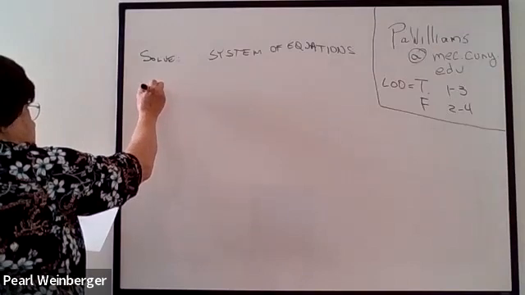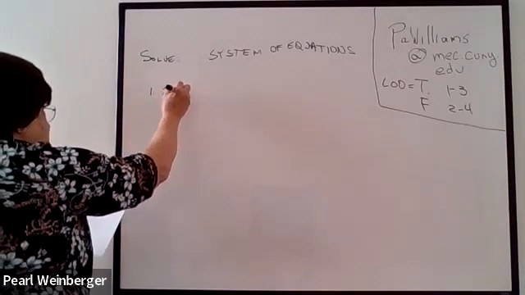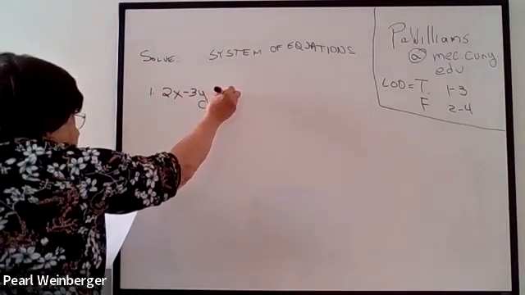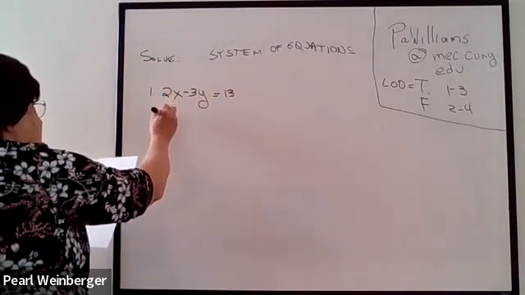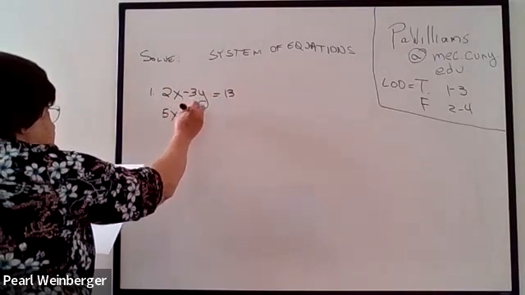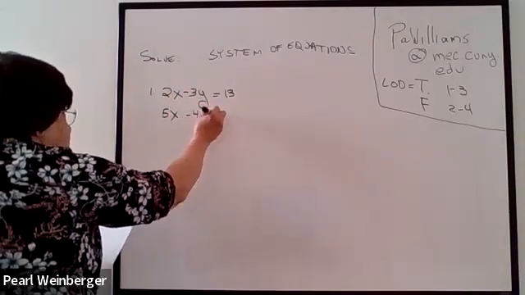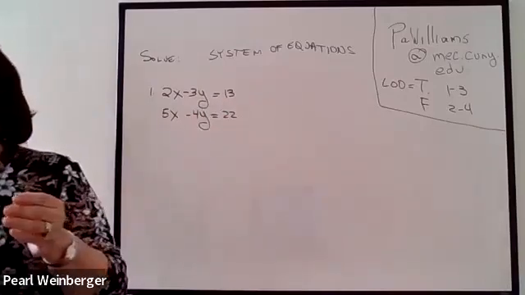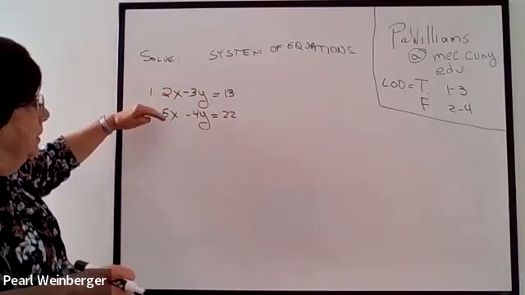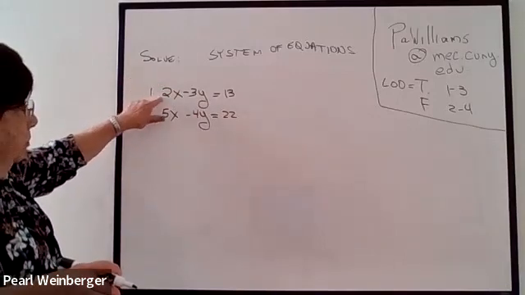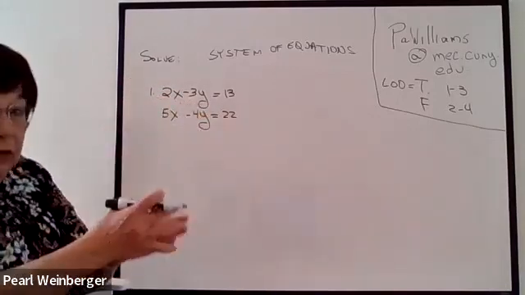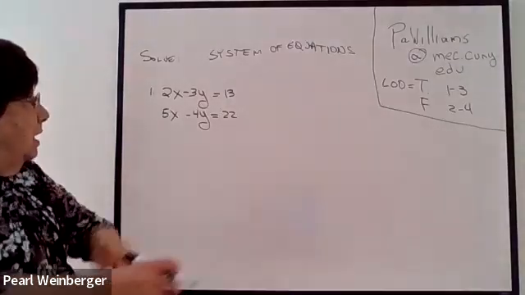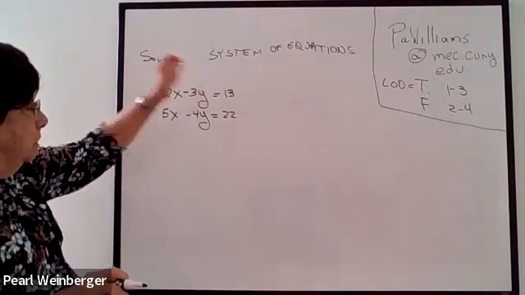The question reads 2x minus 3y equals 13, and 5x minus 4y equals 22. And this is again a system of equations. We have 2 separate equations. Both of them are linear because we don't have any x squared, we don't have any exponents, we don't have anything that makes it anything but first degree.